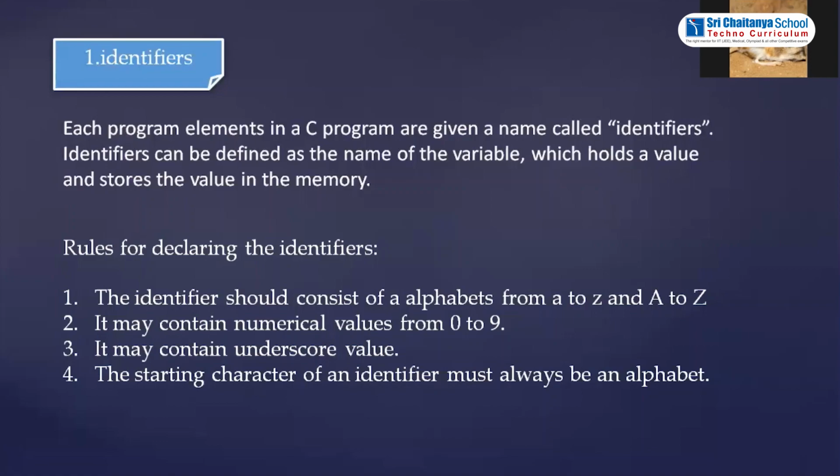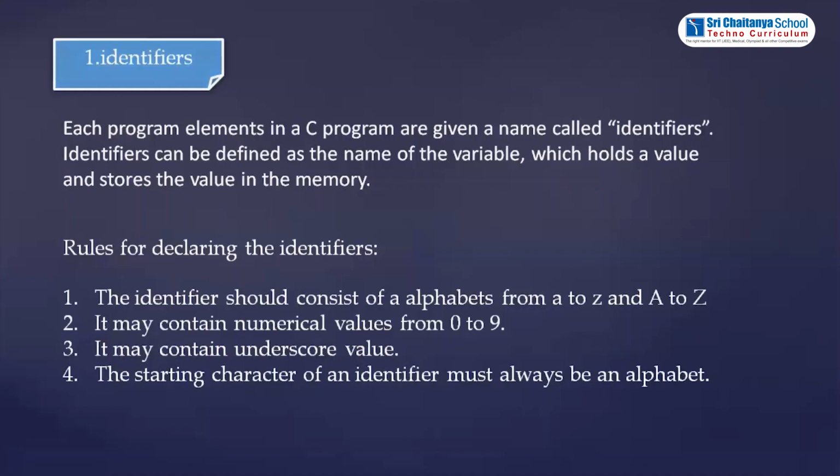But there is one rule which we should not break while declaring identifiers: the starting character of an identifier must always be an alphabet, and it should not start with any numerical value or the underscore. Remember children, whenever we declare an identifier, the starting character must always be an alphabet only.